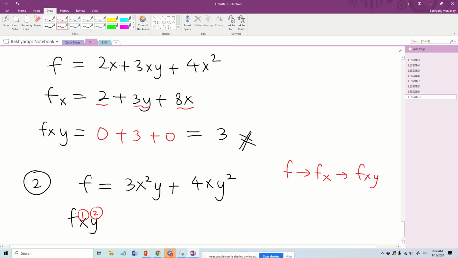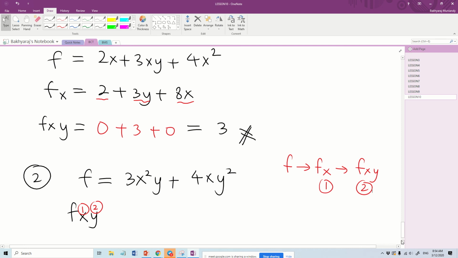To go for fxy, you need to get fx, and then only you can go for fxy. So first you need to get fx. To find fx, we need to differentiate.